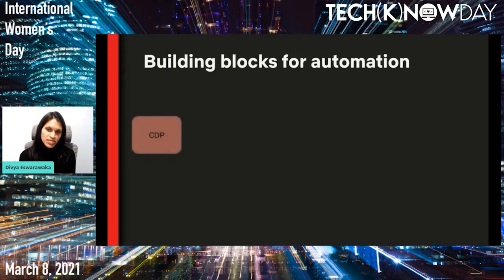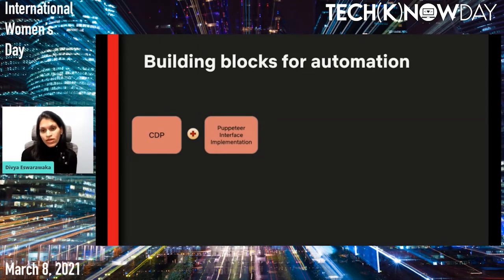The building blocks: first and foremost is CDP, the Chrome DevTools protocol, which enables us to communicate with the application and helps perform test automation, tracing, troubleshooting, profiling, and instrumentation. The second is implementing Puppeteer APIs that are compliant with open source. Again, open source is very heavily tied to the browser and we are a TV platform.